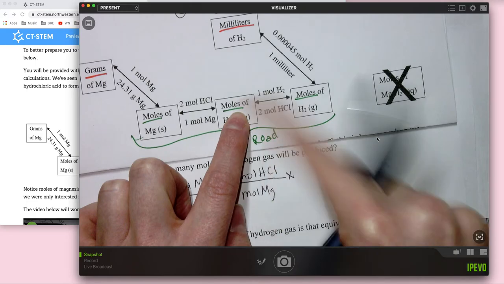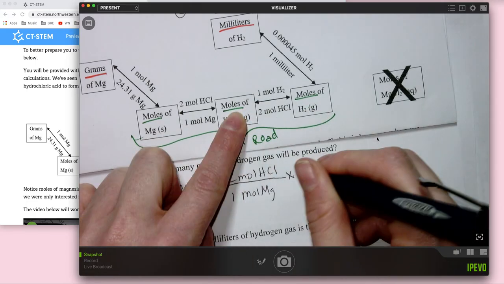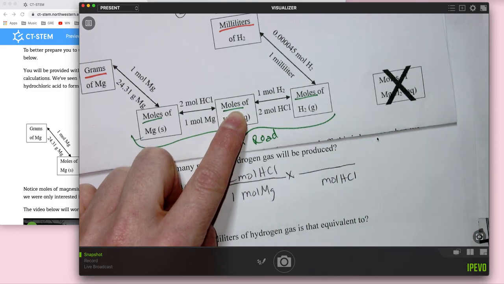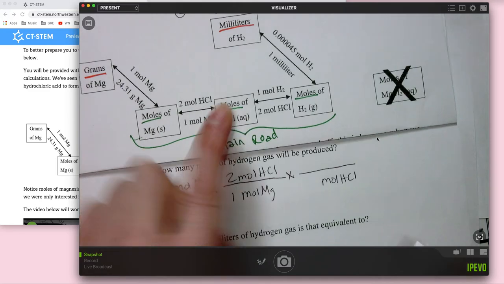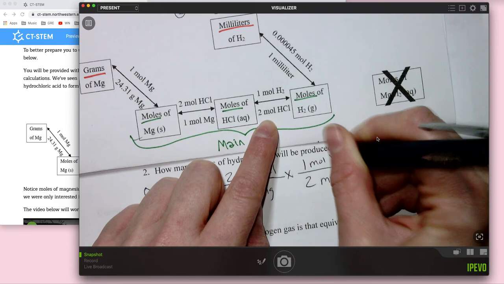Now I need to go 1 more over. So since mole of hydrochloric acid is in the numerator, mole of hydrochloric acid is going to go in the denominator. And I have 2 moles of hydrochloric acid for every 1 mole of hydrogen gas.